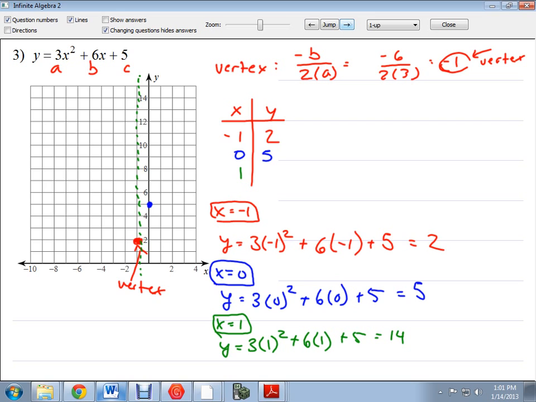So when I plugged in 1, I get out 14. Over at 1, up to 14, way up there.